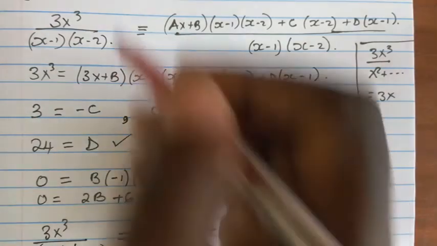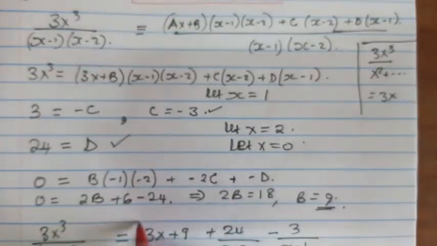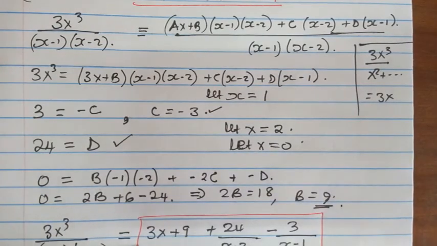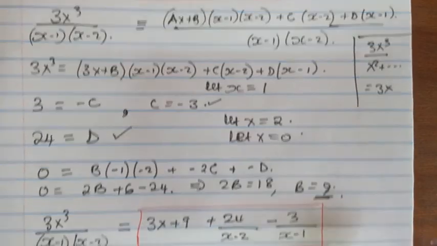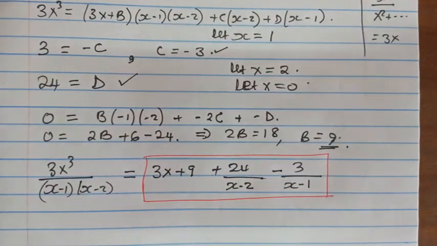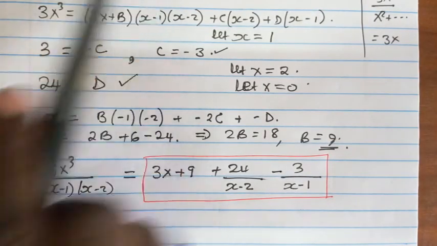At this particular point, you can see that this one is reflected here as our final submission. Please remember what an improper fraction is and don't get confused. Even with this example, this is an improper fraction, and that's why we have constants after dividing.